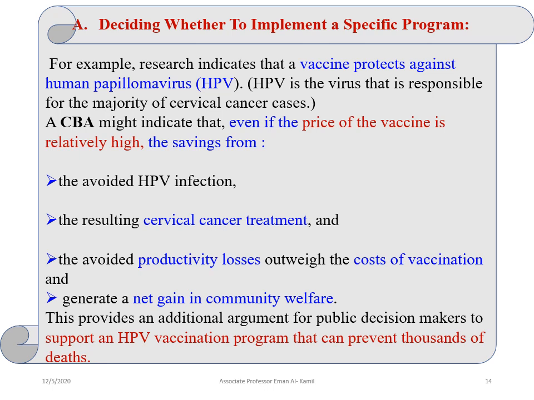So the avoided human papillomavirus infection, the resulting cervical cancer treatment، وكمان كسبنا انه لما نعطي الفاكسين فراح نمنع حدوث الانفكشن، راح نمنع حدوث الكانسر، وراح نكسب المصاري اللي كسبناها بدل ما منعنا السيرفايكال كانسر.